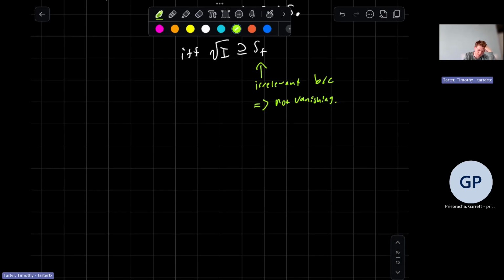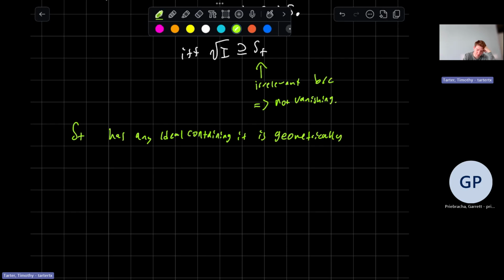And rather S plus has any ideal containing it is geometrically irrelevant.